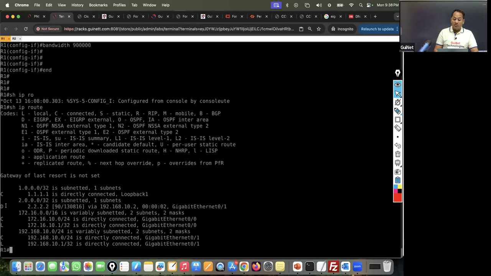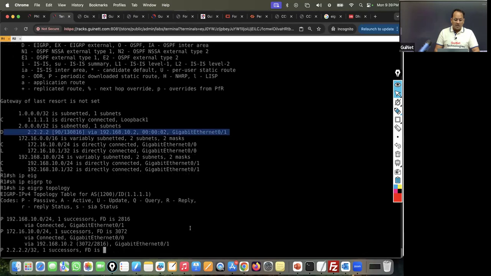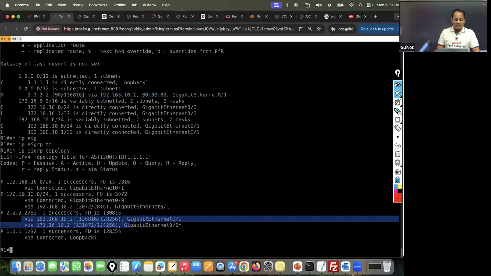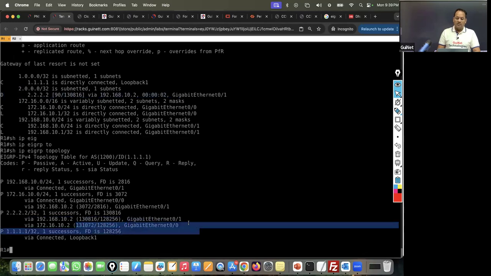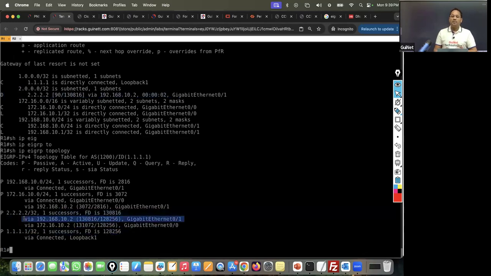It will remove your route from 0/0 and keep the local route based on bandwidth calculations, which is the higher one, so lower metric. And if I go here, show ip eigrp topology, you will see again we have both routes available, but this one has the higher metric, 0/0. And this one has a lower one, that's why it's on top and installing in the routing table.